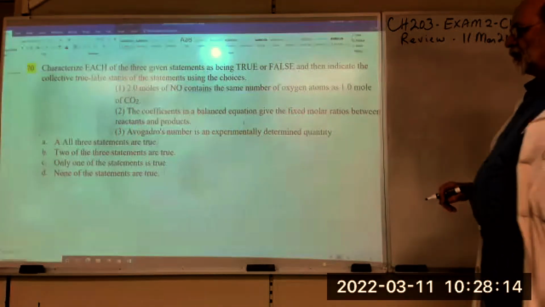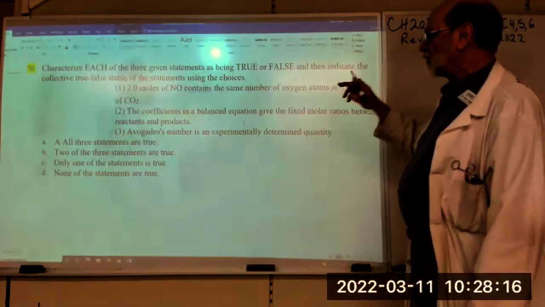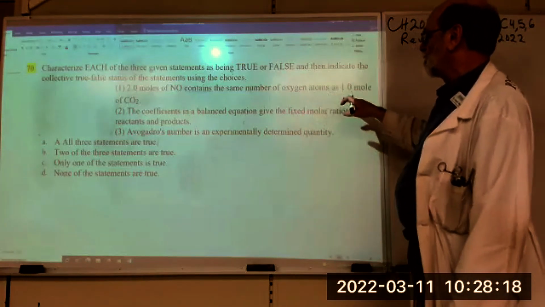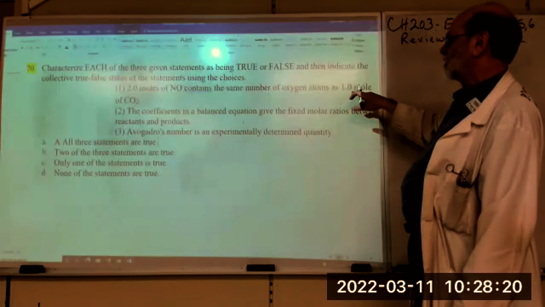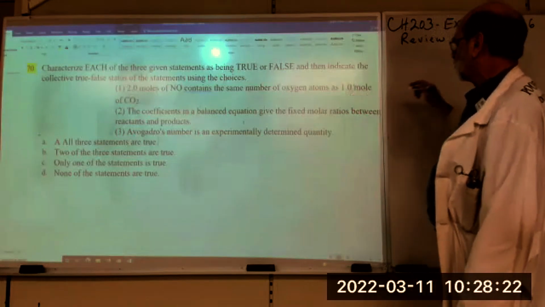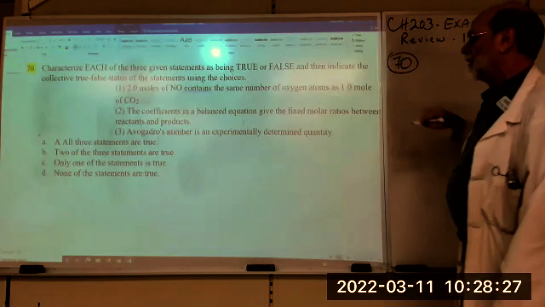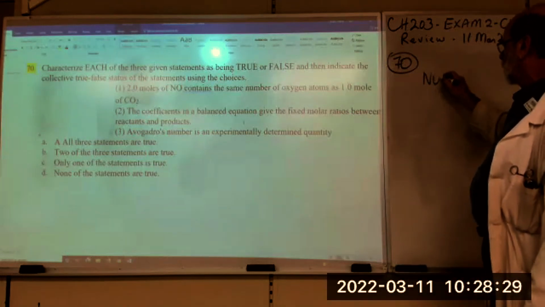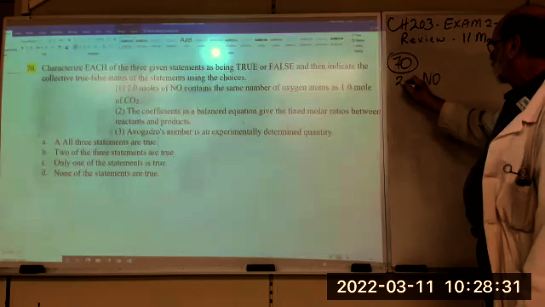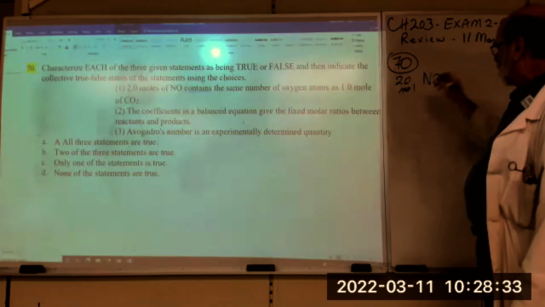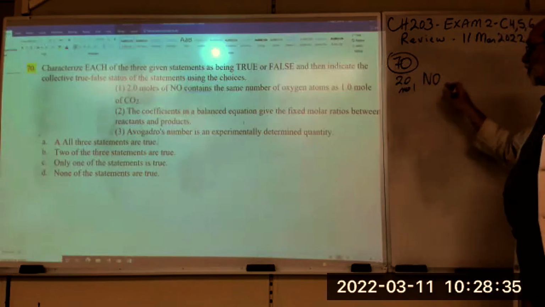So, true or false? 2 moles of NO contains the same number of oxygen atoms as 1 mole of CO2. 2 moles of NO, okay? How many moles of oxygen atoms do we have?